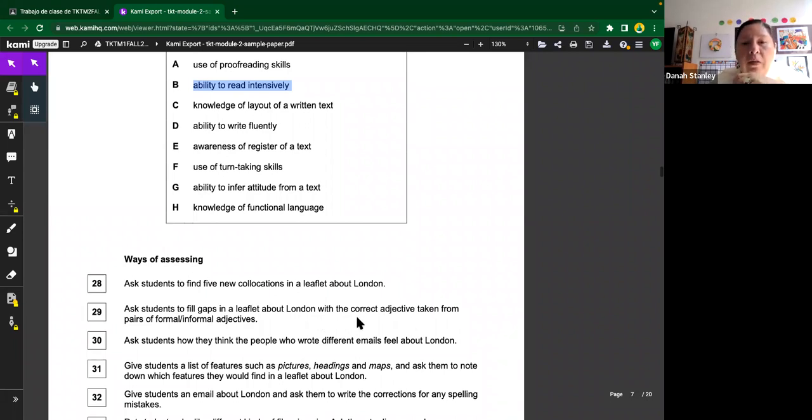O sea, they are going to decide if they are going to choose the formal or the informal.